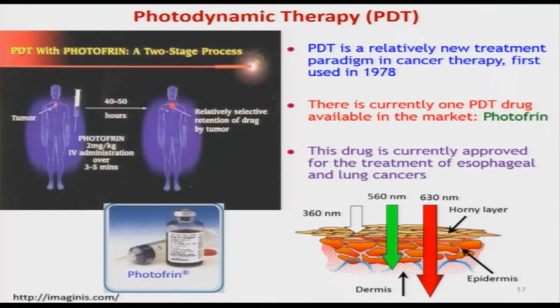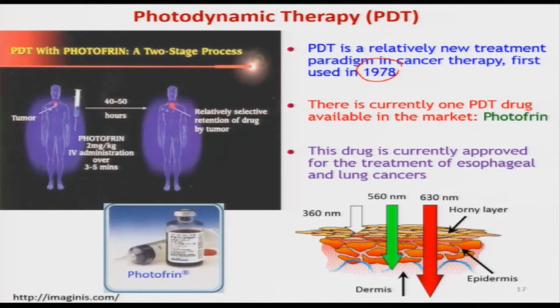Photodynamic therapy is a relatively new treatment in cancer therapy, first used in 1978. There is currently one PDT drug, photoprin. This drug is currently approved for the treatment of cancer. So, what is actually happening in this photodynamic therapy is that if you shine light, the most useful light is around 630 nanometer, which is called red light.